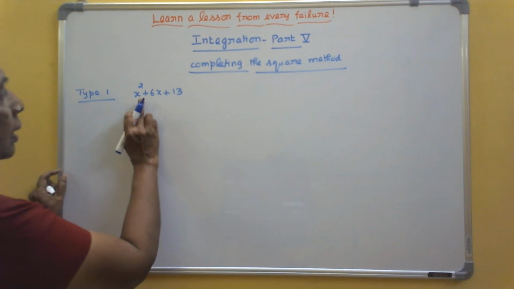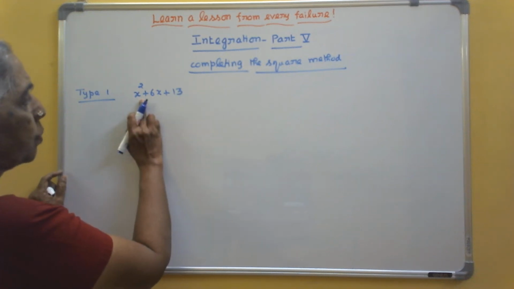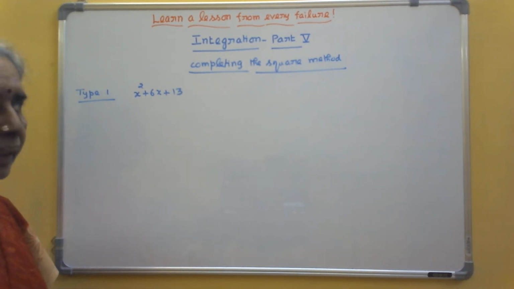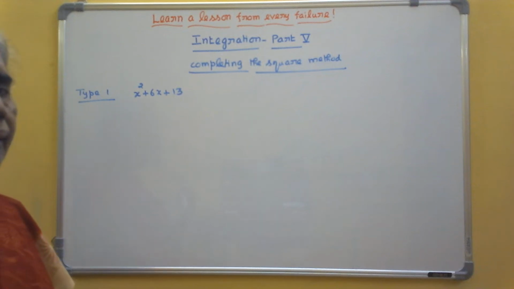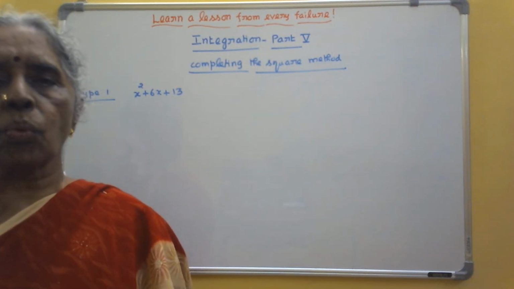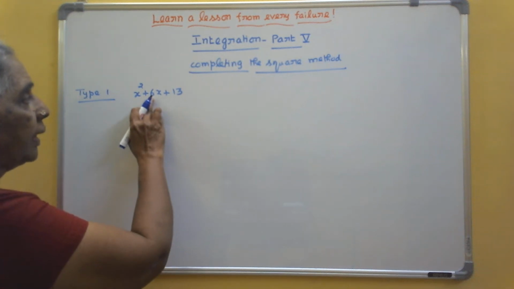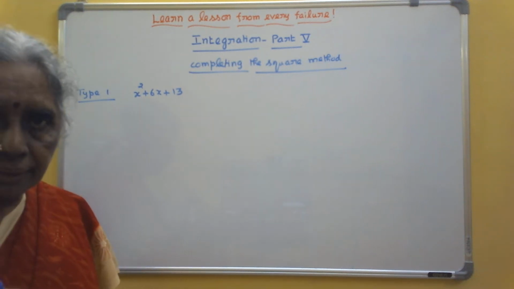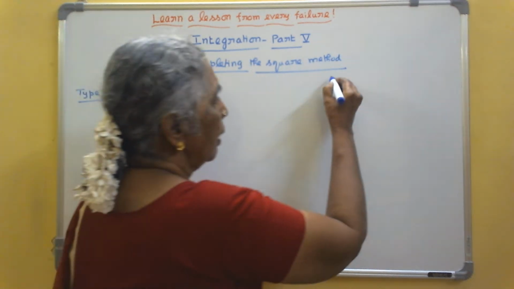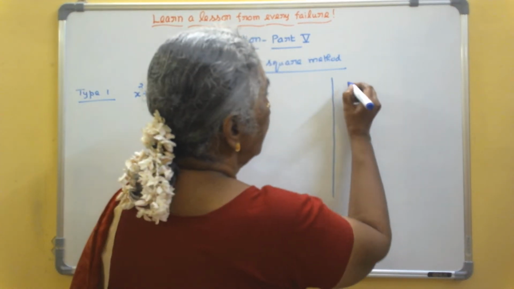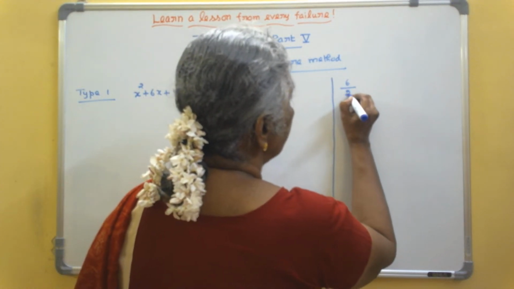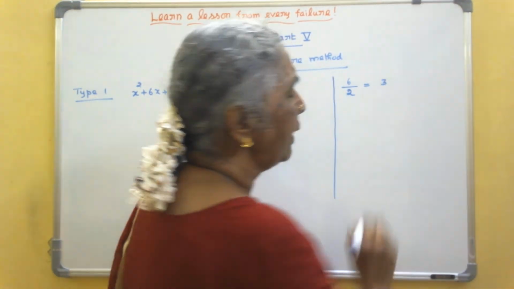So now I am given a quadratic x squared plus 6x plus 13. Any general quadratic we call ax squared plus bx plus c. Now take the coefficient of x, that is 6. In the working column you divide that 6 by 2 so that you will get 3.